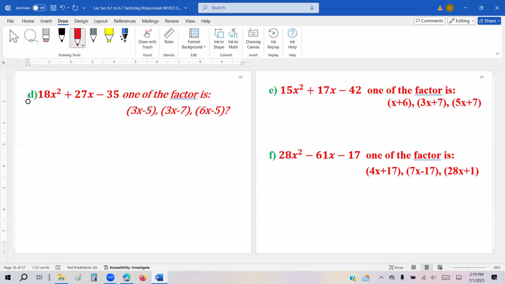C term is negative, which means one factor is negative. Is it positive or negative? So positive, the bigger one is positive, the smaller one's negative. And if this was negative, in this case it will be a negative 5.